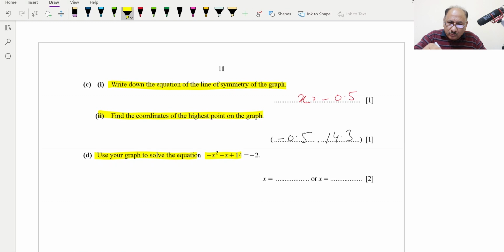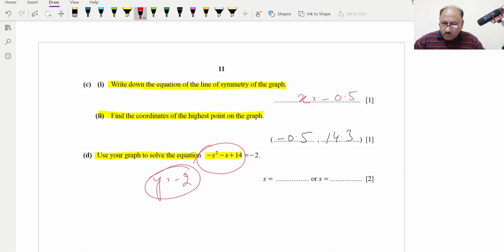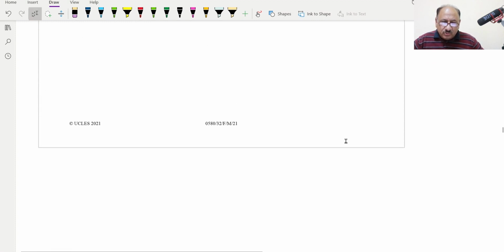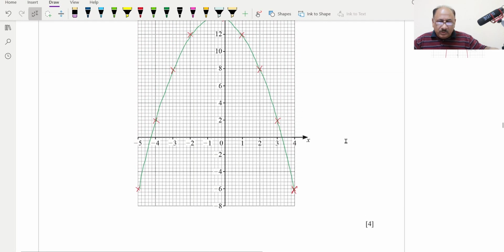Now use your graph to solve the equation, and the equation provided is this one, and this portion is the same as y. So our equation will be y is equal to -2, and y is equal to -2 line we will draw over here. This will be the line, and we need the x values for this one.